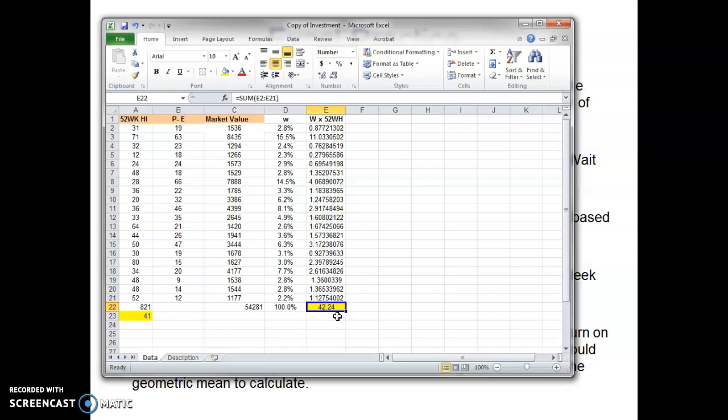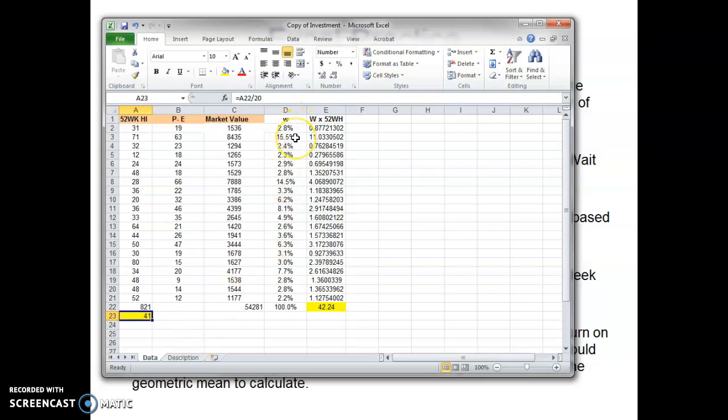Which one's more accurate? Well, remember, the 41 assumes that all of our stock is equally weighted because you're dividing by 20, which is essentially the same as applying a 5% weight to every stock. That's not the case, though, in your portfolio. Your portfolio does not have 5% for each stock.